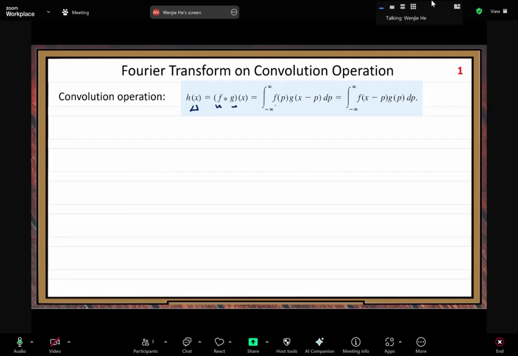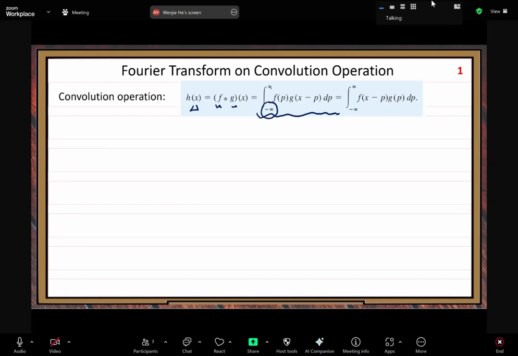The convolution definition is the integral of this form. You can see this definition is slightly different from the Laplace transform definition, because for the Fourier transform the lower limit of the integral is negative infinity.